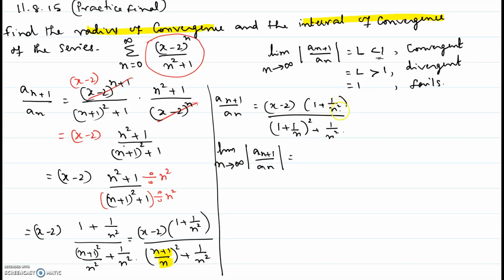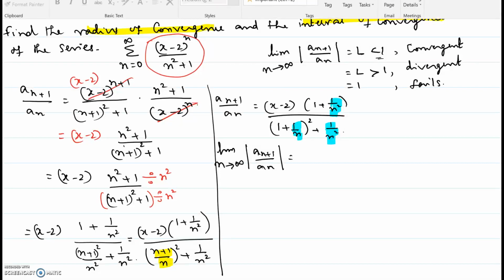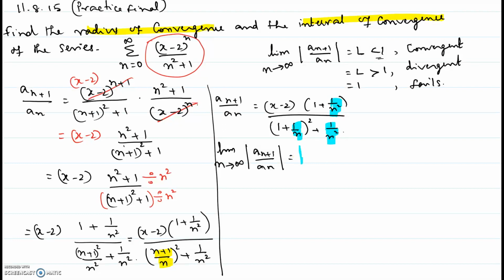We notice that 1 over n squared as n approaches infinity becomes 0. In the same way, 1 over n as n approaches infinity becomes 0. So we get the absolute value of x minus 2 times the absolute value of 1 plus 1 over n squared, divided by (1 plus 1 over n) the whole squared plus 1 over n squared.